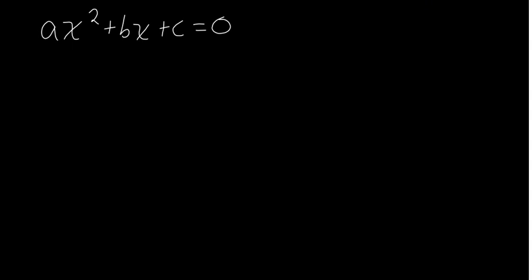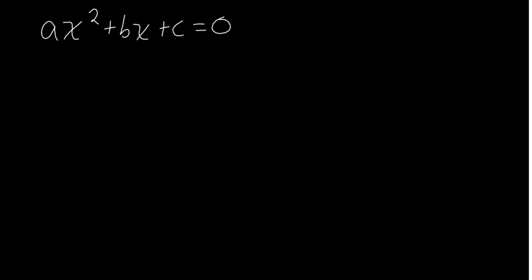Alrighty, so I told you before, the first thing we need to do whenever we complete the square is make sure we have a 1 in front of the x squared. Right now it's an a. We don't know what a is. A could be 1, but we're not going to take any chances. So we're going to divide the entire problem by a.